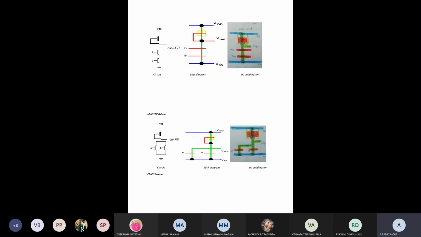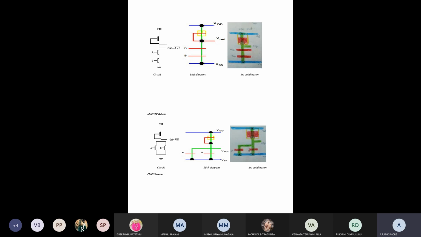So for depletion mode transistor, we have to over implant symbol on the polysilicon. That will be drawn with the help of yellow color with a dotted line square box.